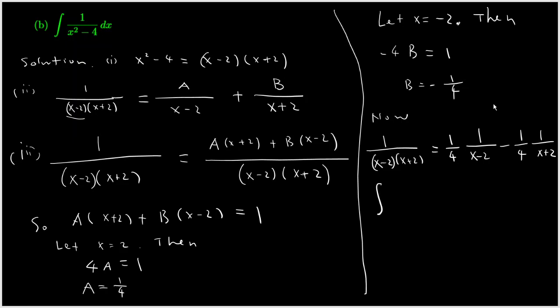Now we are ready to evaluate the given integral. All we need is to evaluate the integral of the right hand side. I'm going to take 1/4 out of the integration notation. Now we need to evaluate the integral of 1 over x minus 2 minus 1 over x plus 2.